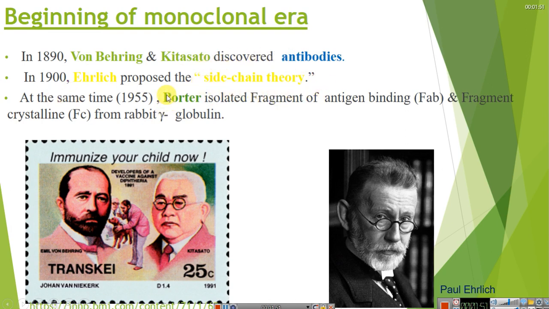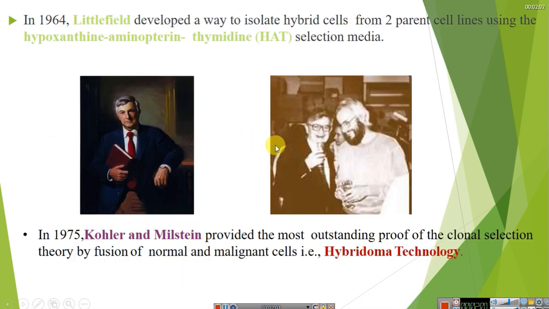And at the same time, in 1955, Porter isolated Fab fragment and Fc fragment from rabbit gamma globulin, that you already know, right? So let's move ahead. And it was Littlefield who developed a unique medium to isolate hybrid cells from two parent cell lines. It was known as hypoxanthine aminopterin thymidine medium. Okay, so it was Littlefield in 1964.